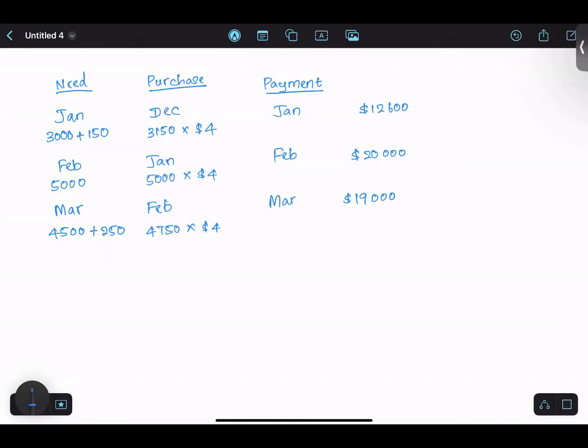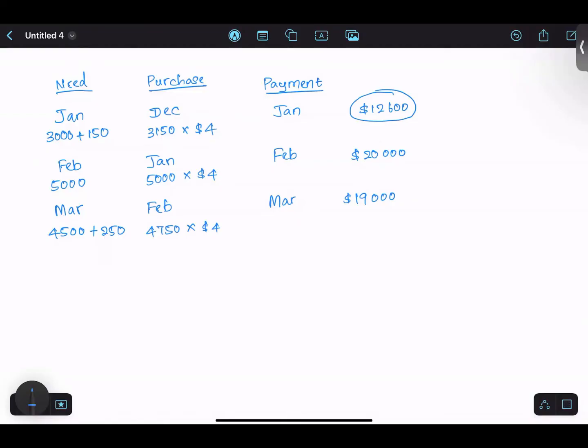Understand it properly. Whatever helmets are required will be purchased 1 month prior to the sales. If you need those helmets in January, you will purchase them in December, but you will make the payment 1 month after the purchase.